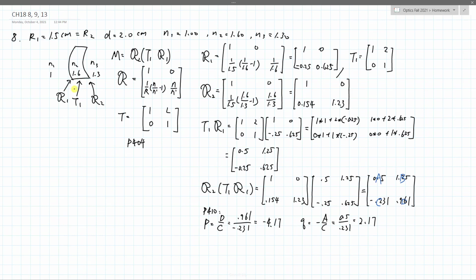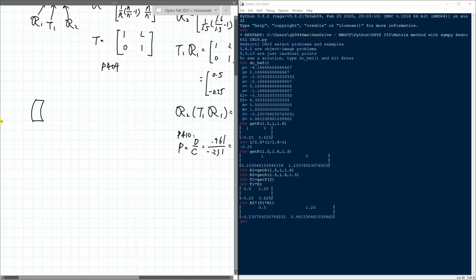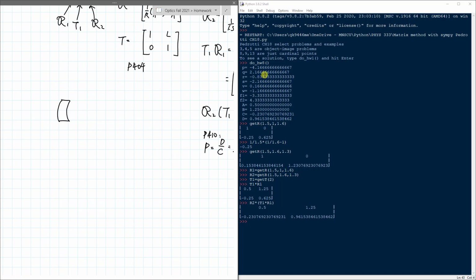Okay, so I have this object here. I'll redraw it. So here's the 2 centimeters. Okay, good. So let's see what we need. So P and Q are measured from the input plane to the focal point, so we can certainly use that.